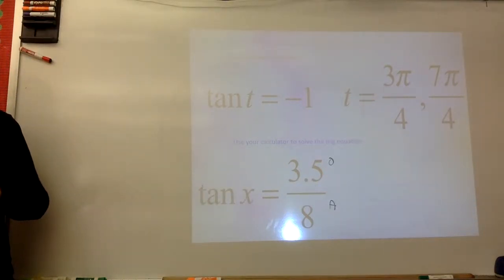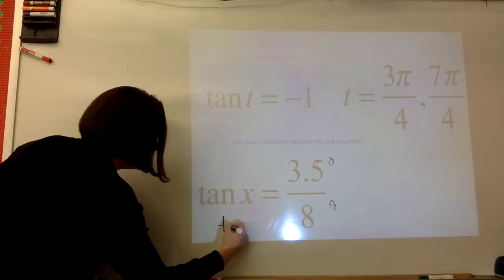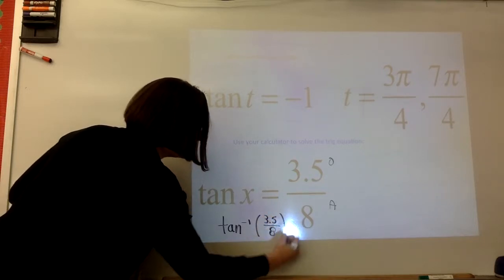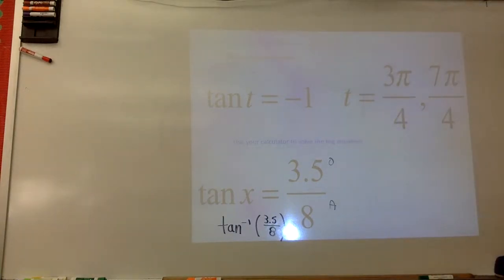How do we solve this in your calculator? How do you find an angle? Inverse. So in my calculator, I'm going to put in tangent inverse of 3.5 over 8. Please make sure you're in degrees, not radians. And what did we get when we put that in our calculator? Did you get 23.6, everybody?